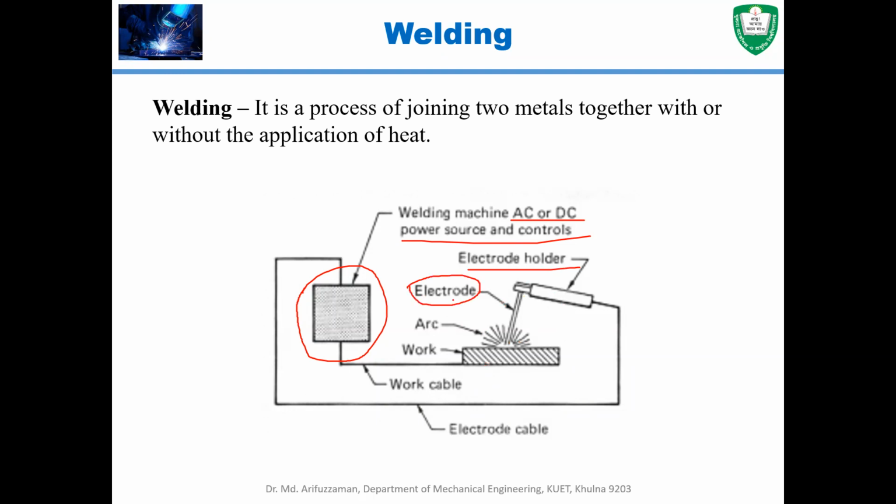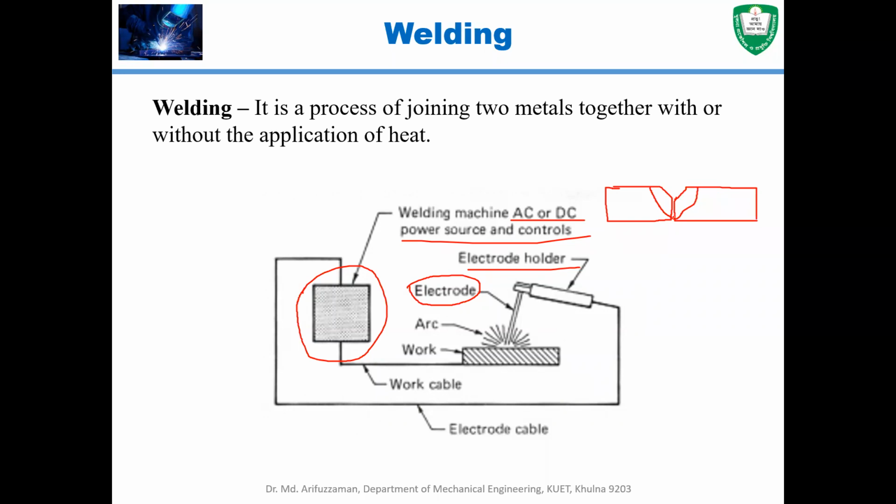To understand the electrode, consider joining two metals like this. Let's say this is one piece of metal and there is another piece of metal here. For proper welding of highly thick metal sheets, you have to melt this full location, and then if you melt it, there's a gap between the specimens.